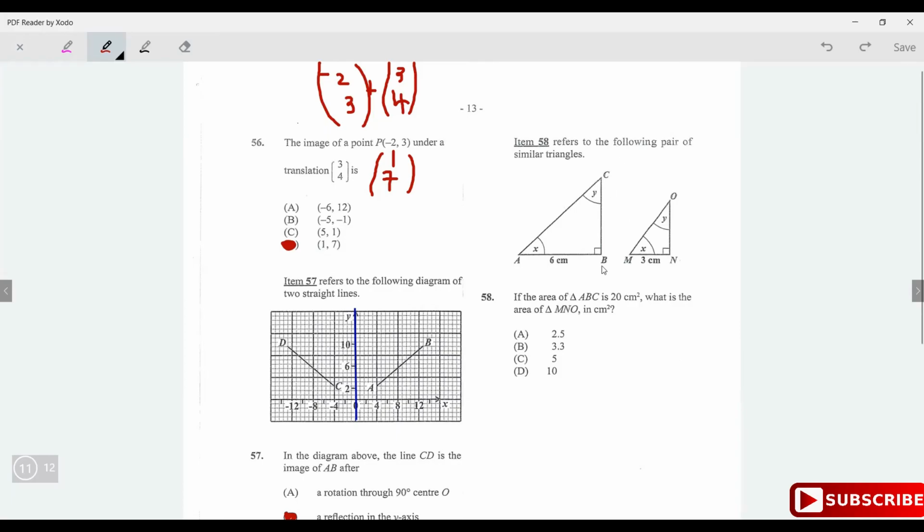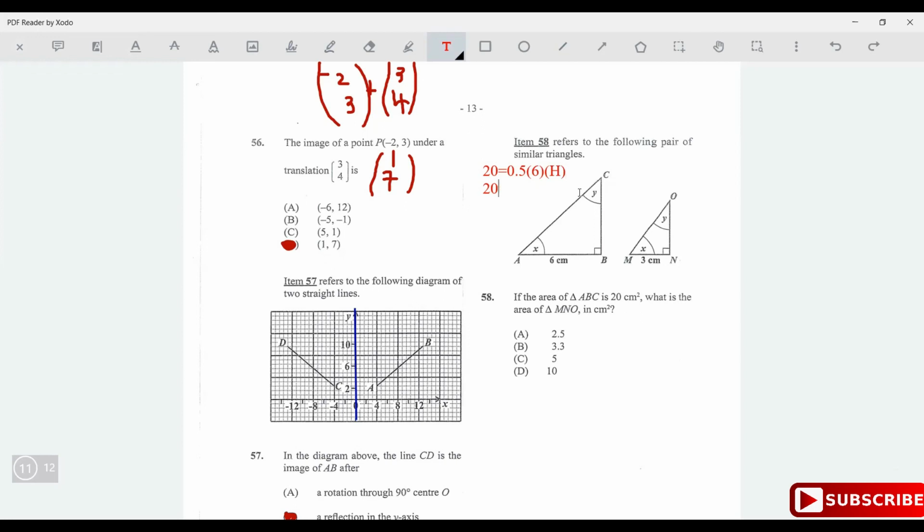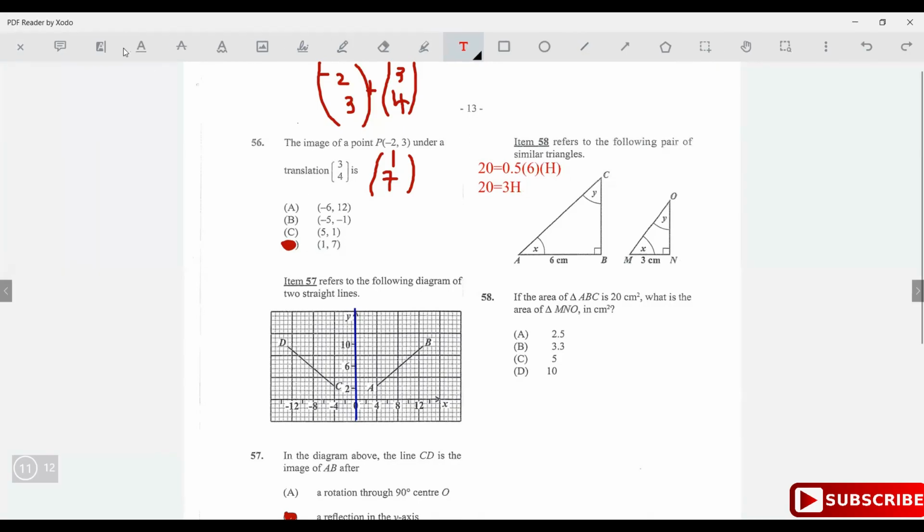We can even find the height then, because the area 20 is equal to a half the base of 6 times the height. And so 6 times a half is 3. And so 20 is equal to 3 times h. Then h is 20 over 3.